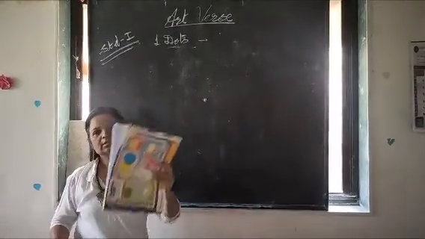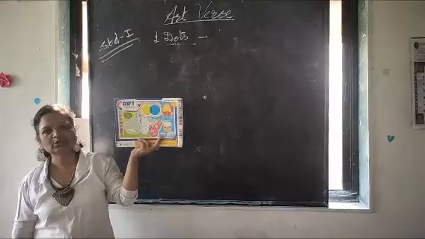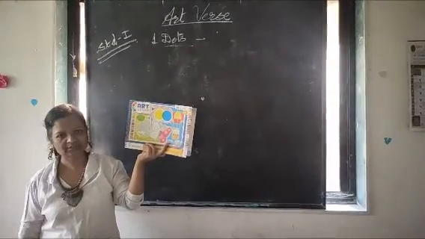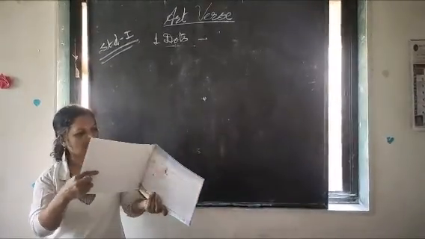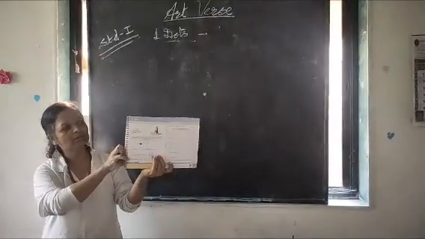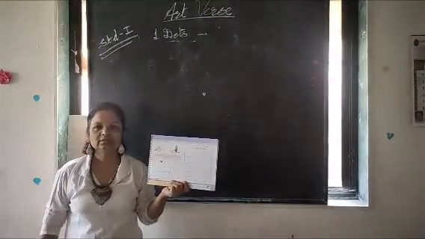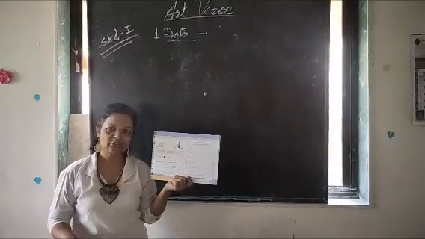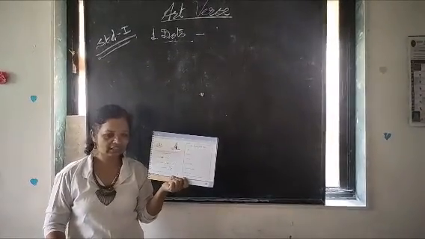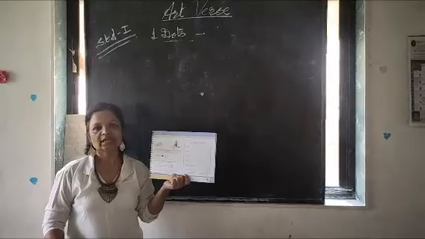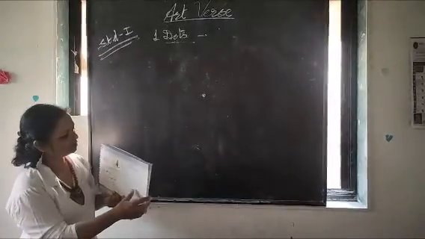Friends, this is Art Verse drawing book for grade 1 standard first, and this is lesson number 1. Now we just learned what is dot and what is its uses, its shape, size, and how we can use dots in our drawing.